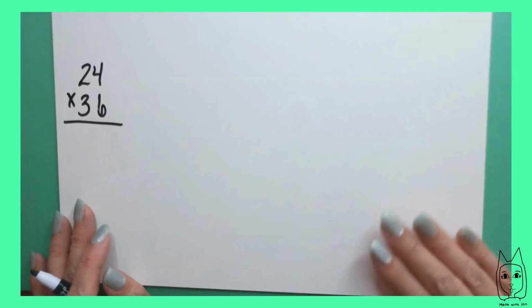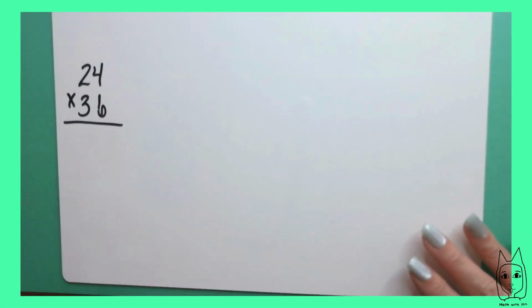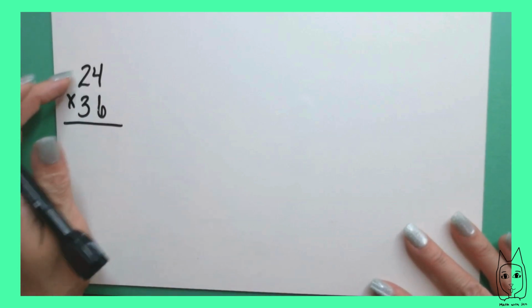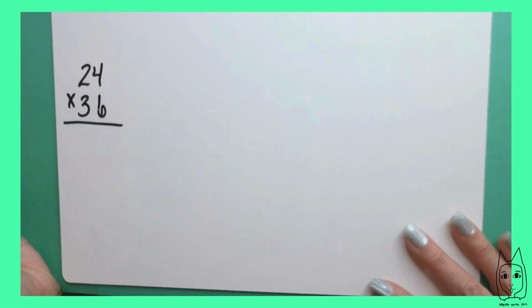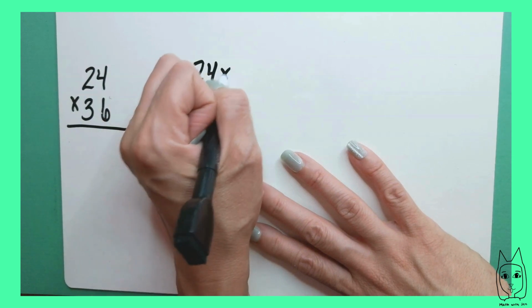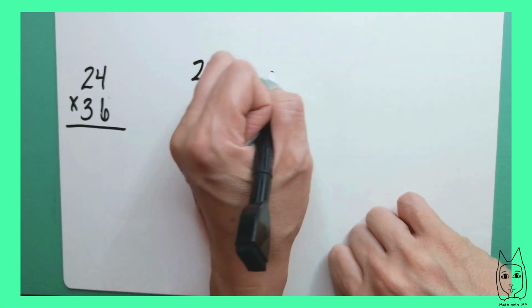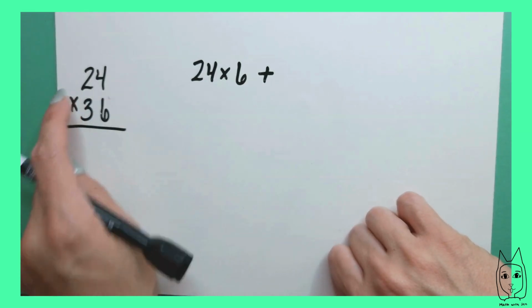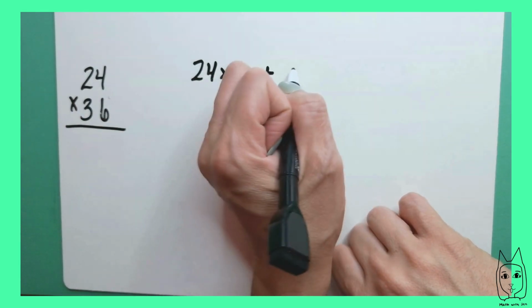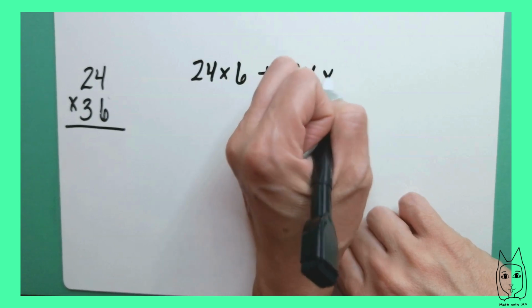To use an equation, we can do what we did with the area model. We can break these up into nicer numbers: 24 times 6, because that 6 is being multiplied to everything, plus 24 times the 30.